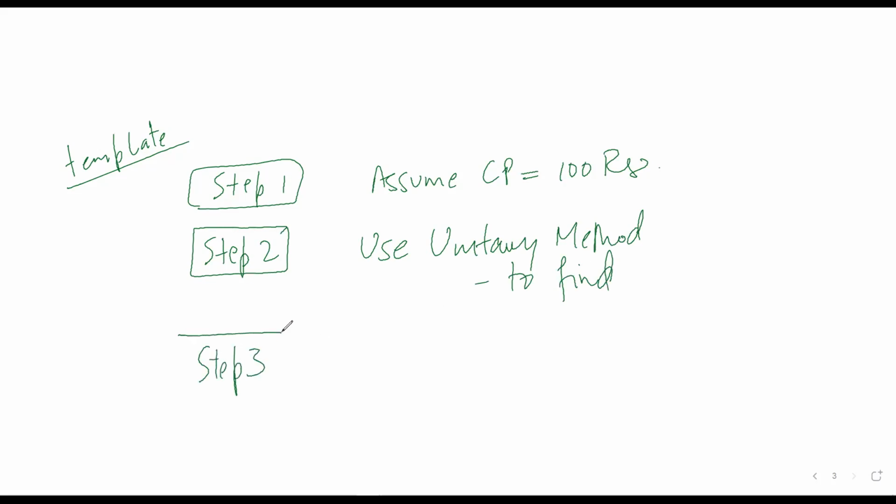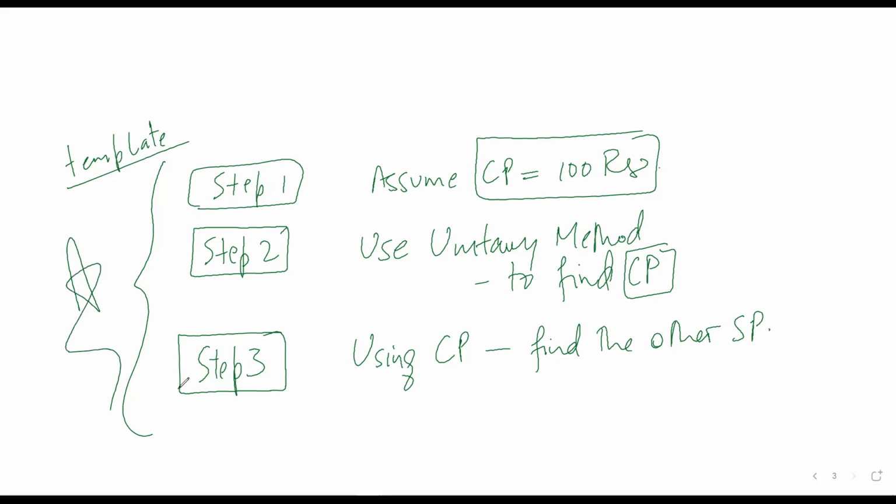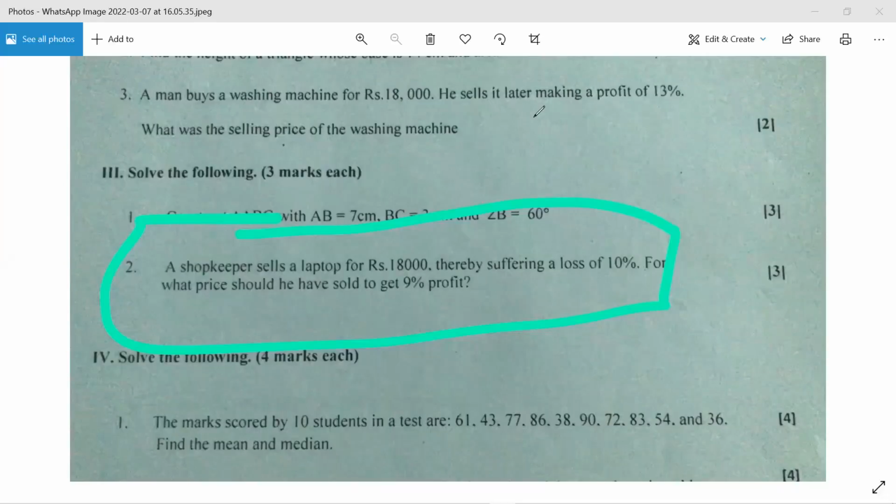So to find the cost price. Cost price. Shabash. And what is step number 3? So we have to use the CP to find the SP. These are the steps which have to be followed always. These are standard questions. This is how they are done. Mr. Sarthak, any doubt? No, sir.